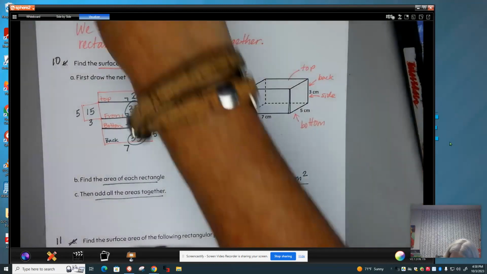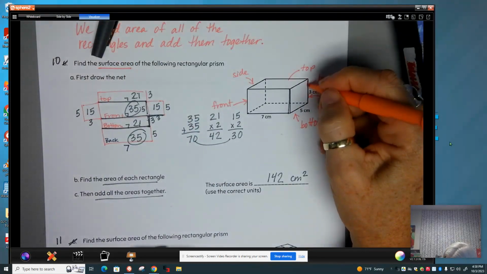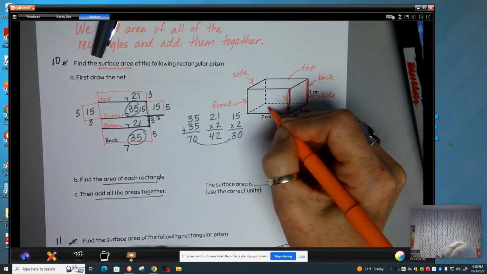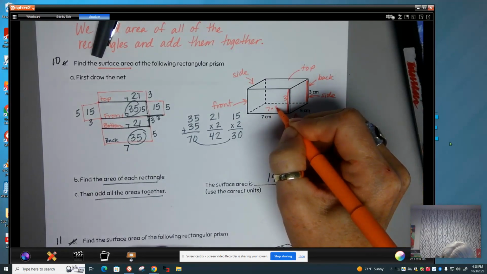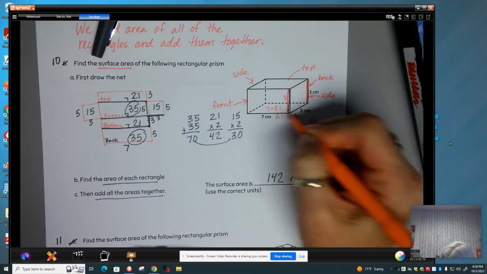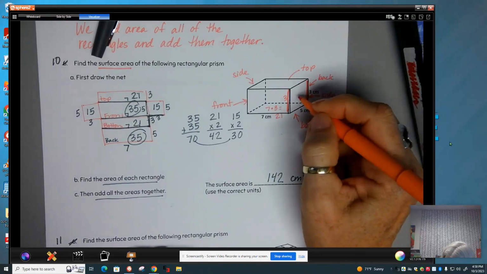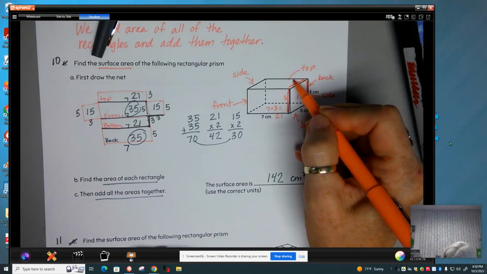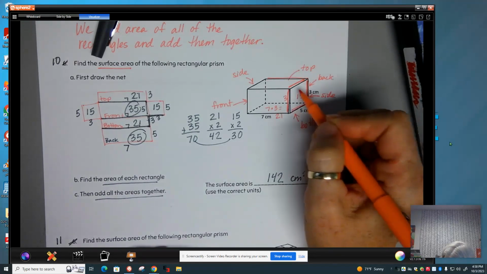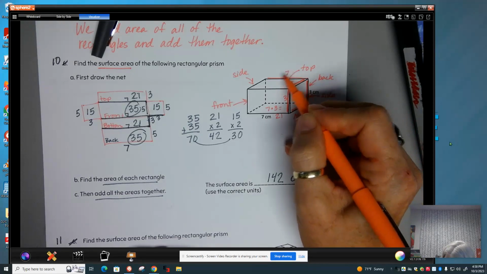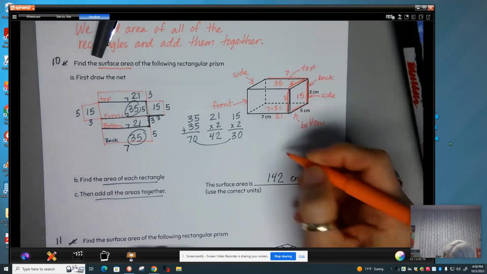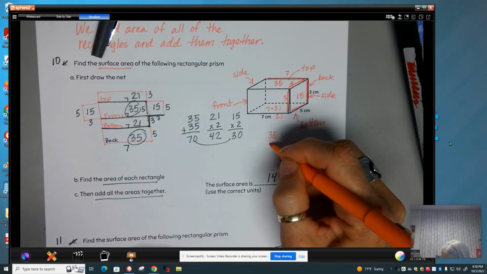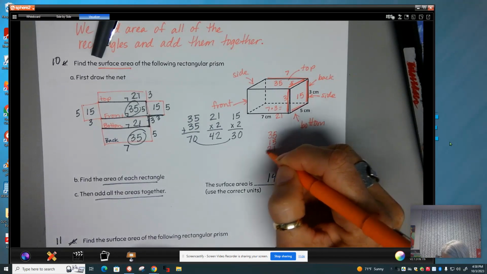This is 3 tall, which means this is 3 tall. So this would be 3 times 7. 7 times 3 is 21. This is a 3 by 5, so that's 15. And then the top is a 5, because this is 5, so this is 5. 5 by 7, so it's 35, which you end up with 35, 15, 21.